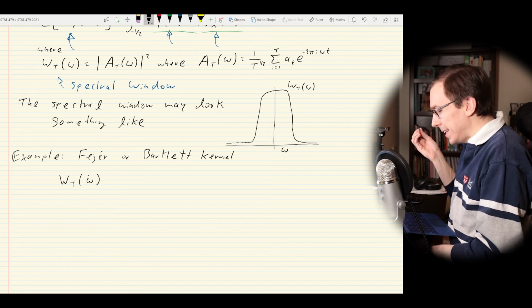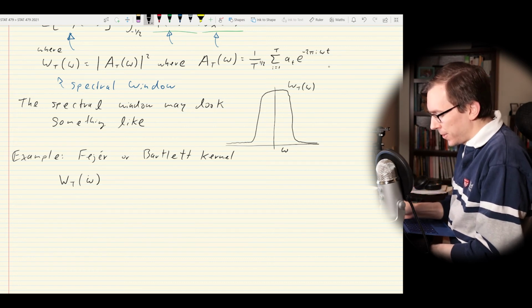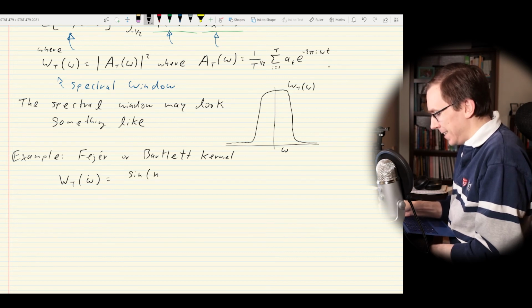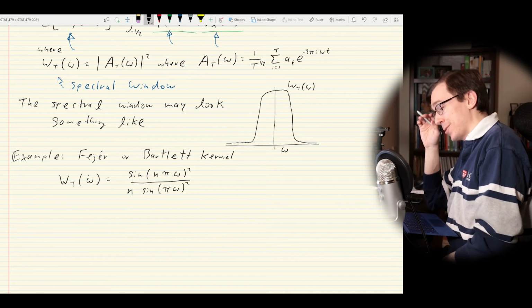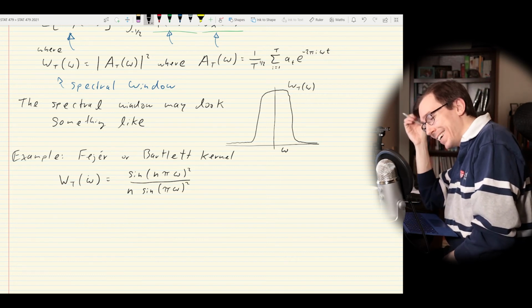Okay, anyway, the Bartlett or Fejér kernel is going to look something like the sine of n pi omega, squared, divided by n times the sine of pi omega, squared. Okay, so why is that the case?